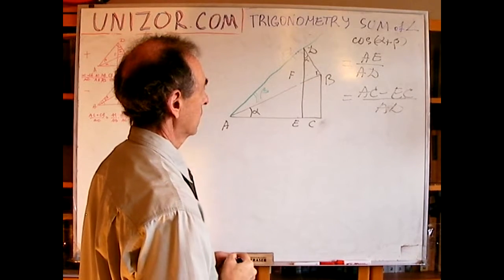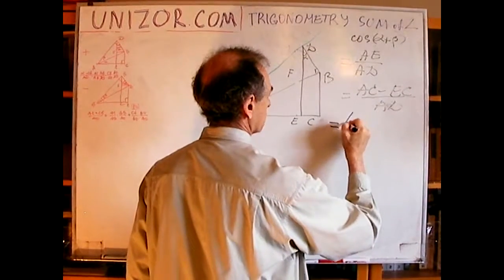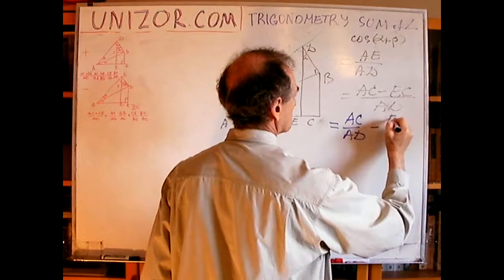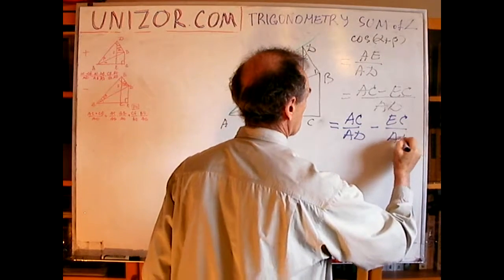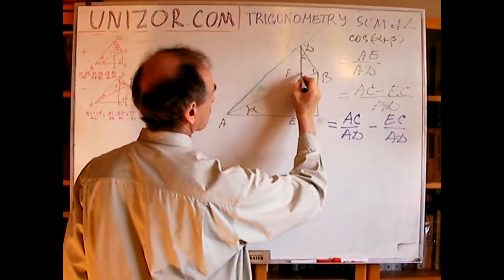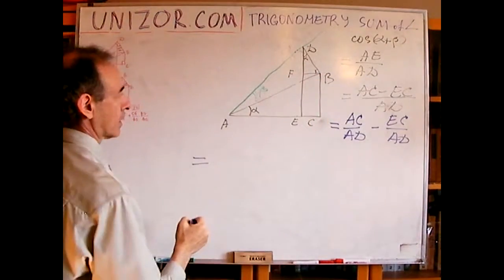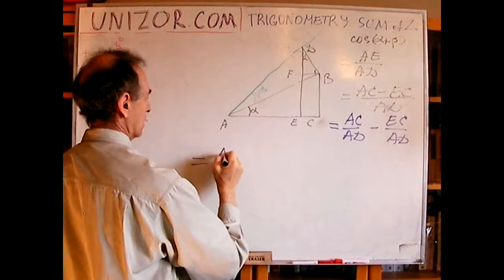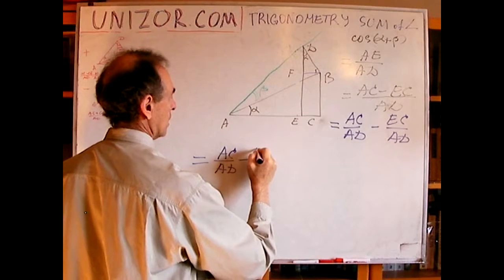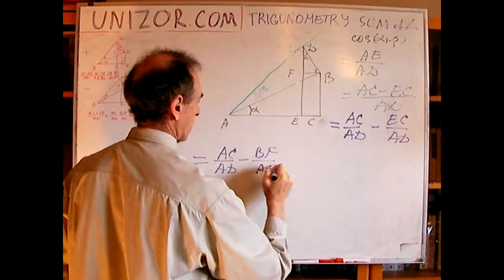Okay, and as before, we break it in half. So it's AC over AD minus EC over AD. And EC is obviously equal to BF, because this is the rectangle. And now AC over AD minus BF over AD.